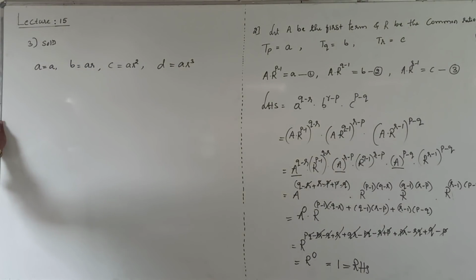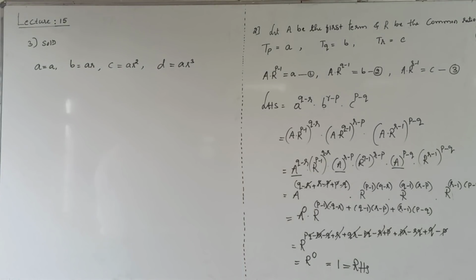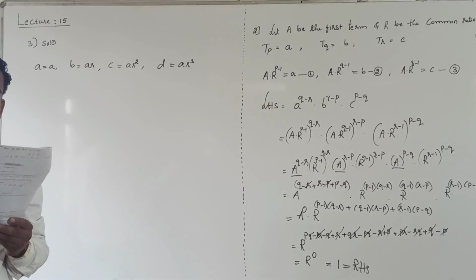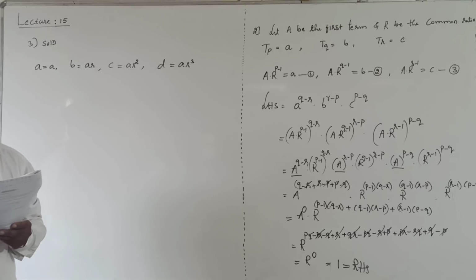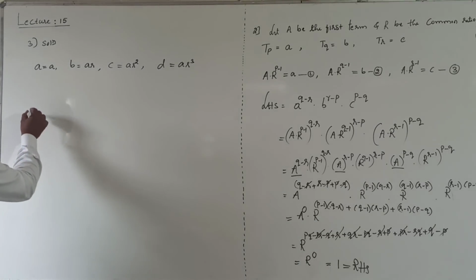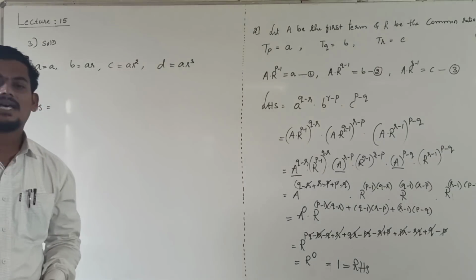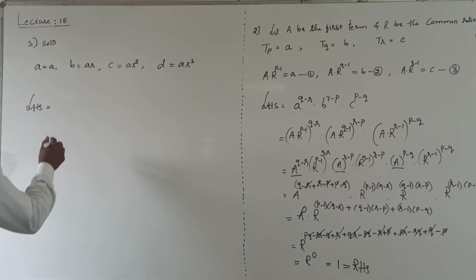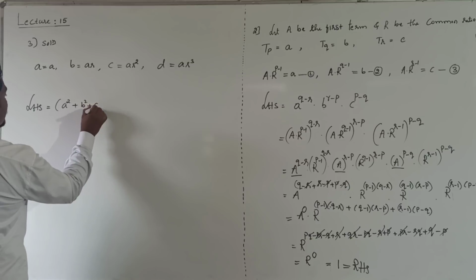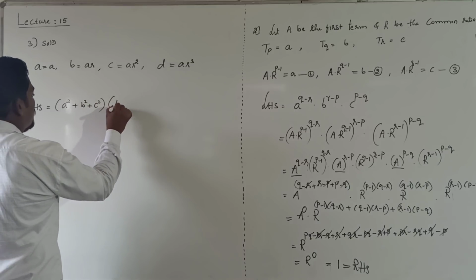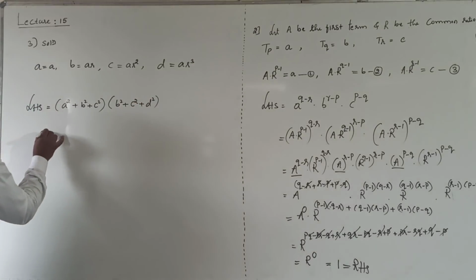Now we need to prove (a square plus b square plus c square) into (b square plus c square plus d square) equal to (ab plus bc plus cd) whole square. Just consider LHS. In this case, simplify both LHS as well as RHS. What is our LHS? (a square plus b square plus c square) into (b square plus c square plus d square). This is our LHS.